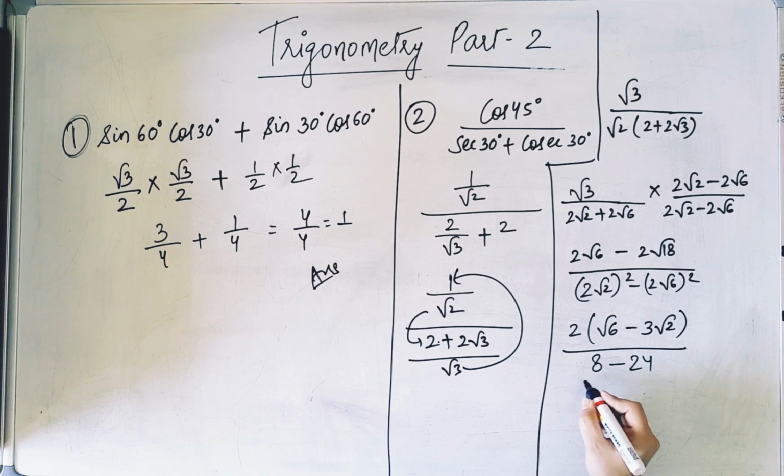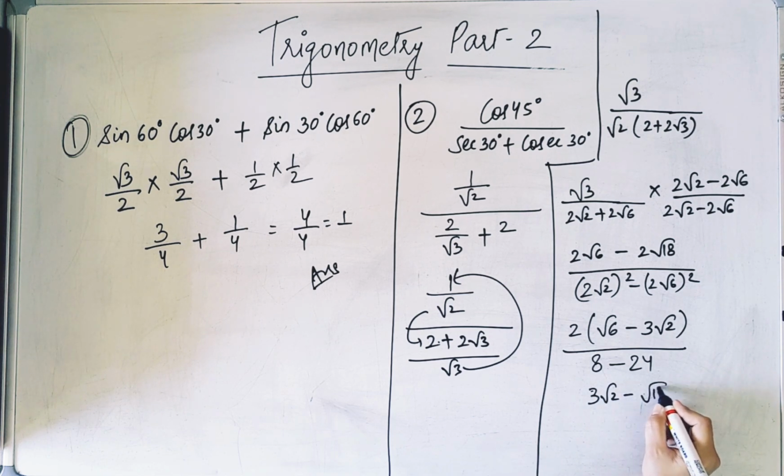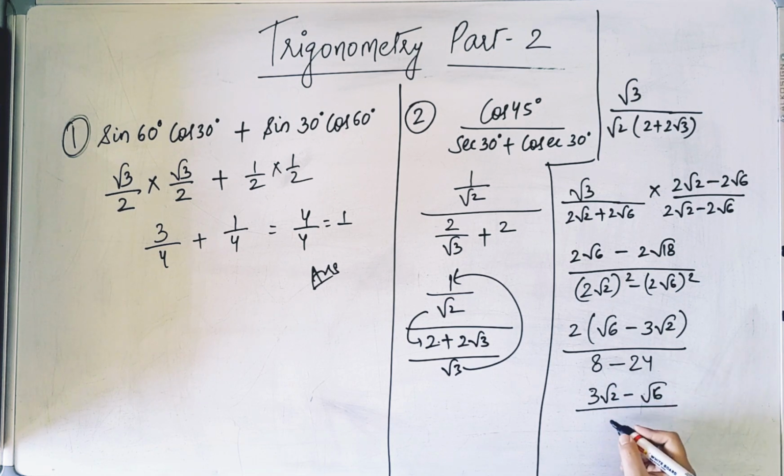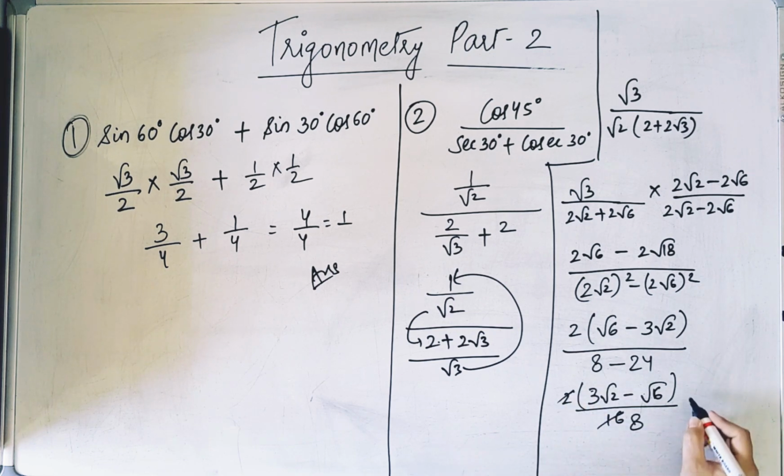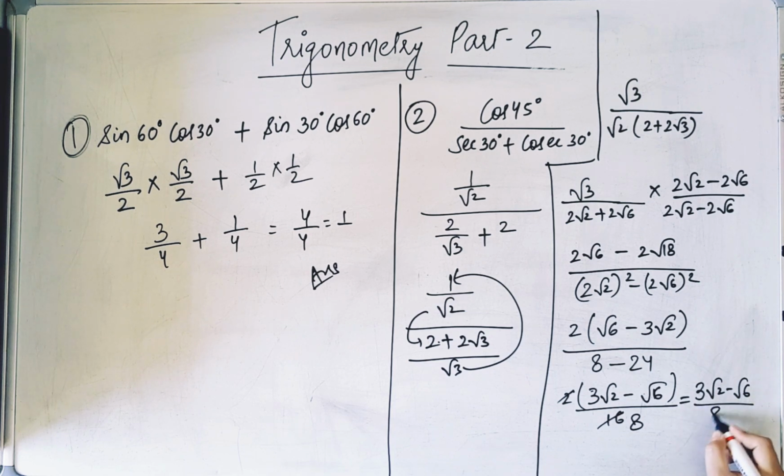So here the minus sign will come, so we'll interchange the numerator. So we'll get 3√2 minus √6 by minus 16 only, because minus 16 came, so we changed the numerator. So we have got 16, 2 8s are 16, thus the answer will be 3√2 minus √6 by 8.